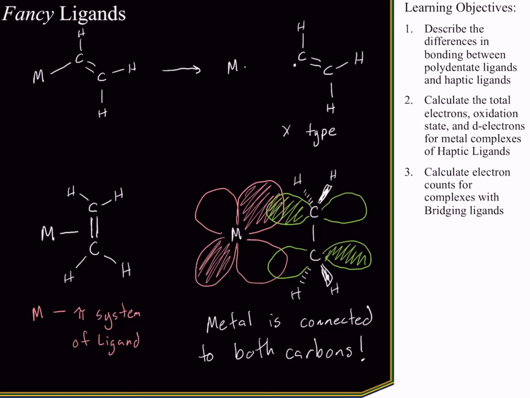And this type of bonding really doesn't fit into our old patterns for bonding, our old understanding of how this works. If we look at this pi system, this is just a single pi system, so this is a 2-electron donor. That means that our pi bonds can be L-type ligands. This can extend to much larger pi systems than just 2 atoms. So let's look at what these different ones look like.